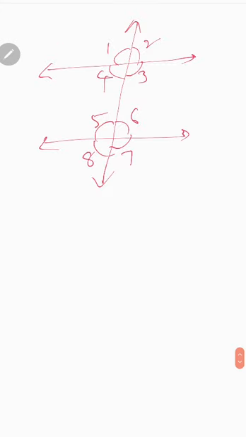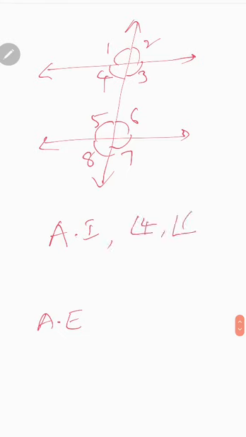The next types of angles are alternate interior angles and alternate exterior angles. So what are alternate interior and alternate exterior? Alternate interior angles are angle 4 and angle 6, angle 5 and angle 3.